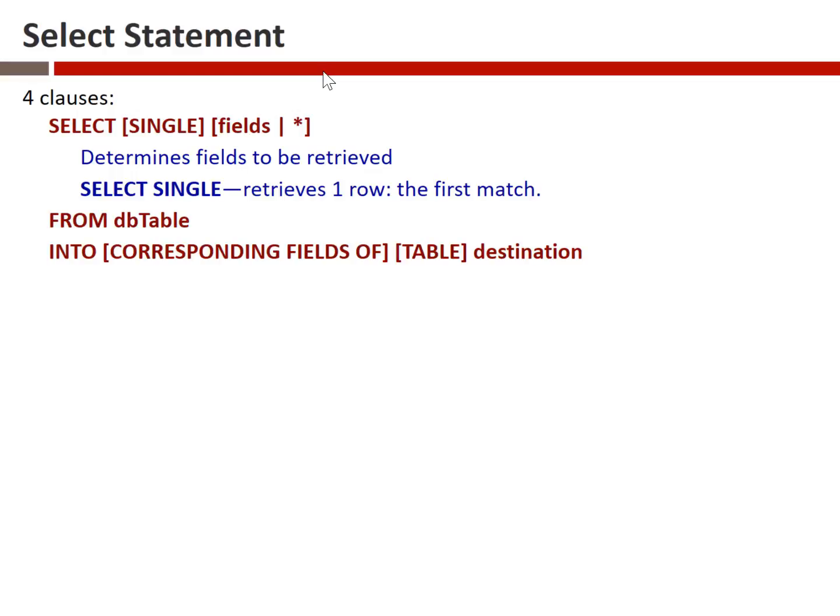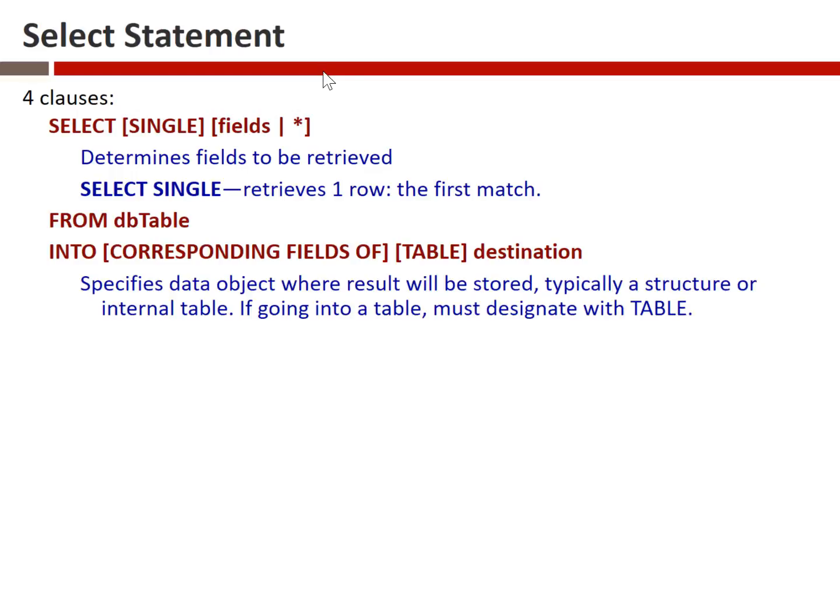Or I could say into corresponding fields of table, which is always good to do and consistent with what we talked about when we were talking about our use of filling internal tables. So the into clause specifies the data object where the result will be stored, and it's typically going to be a structure if I did a select single or an internal table.